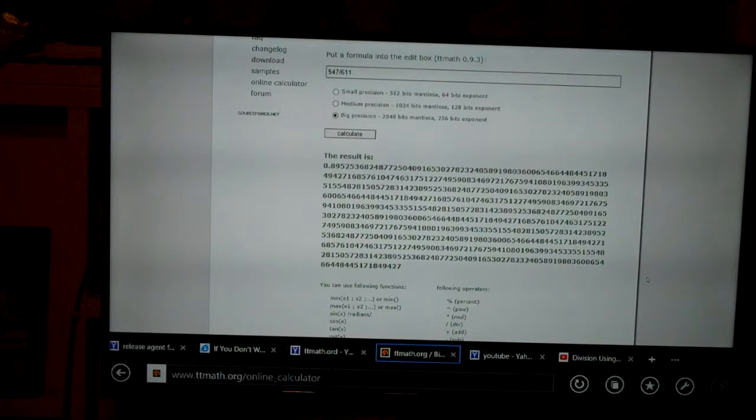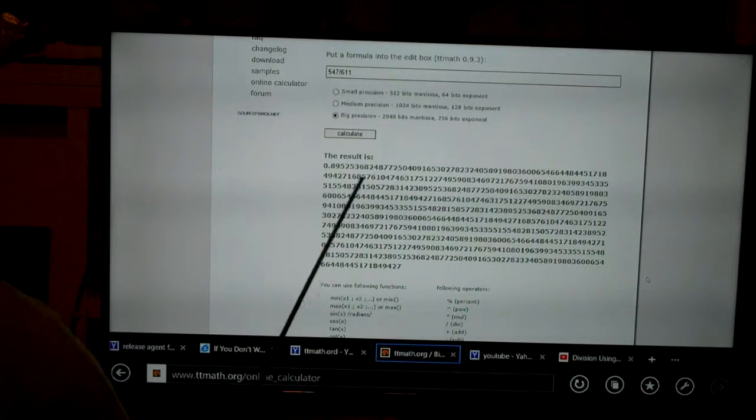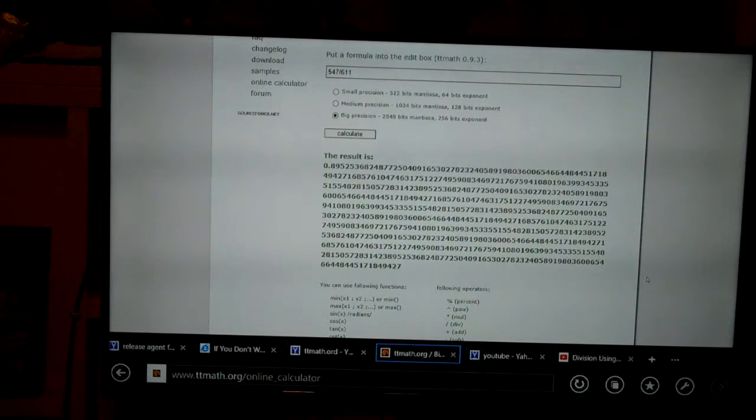The repetend, or the repeating pattern in this rascal, is 138 characters long. And if you count them out, and yes, I counted them out, you can see it's starting with 895, 253 here. Right in there.